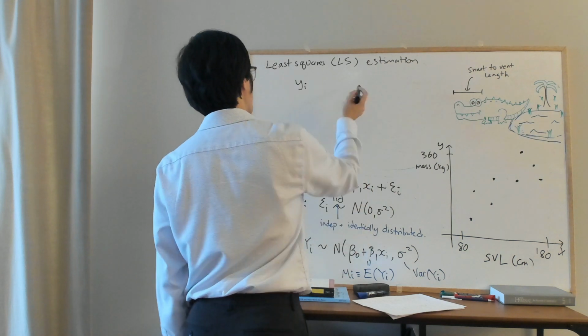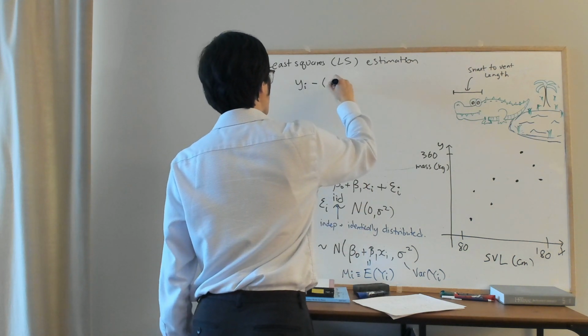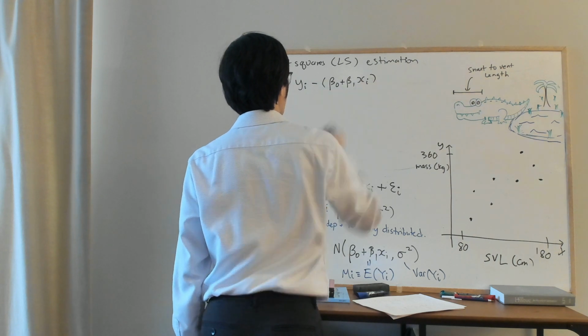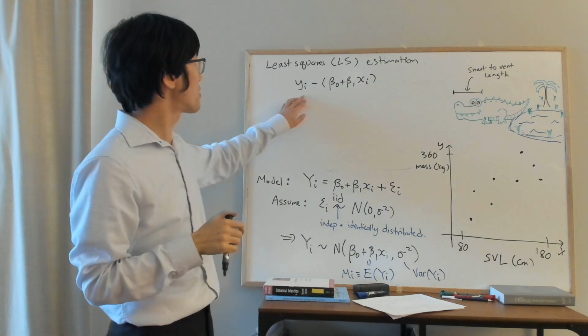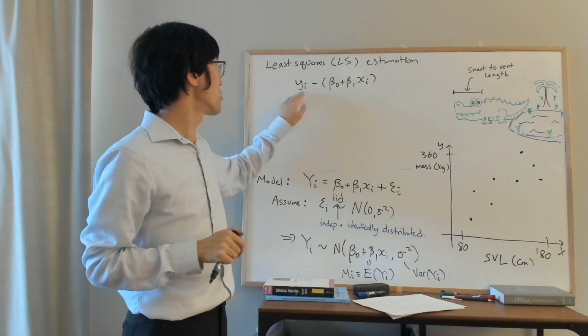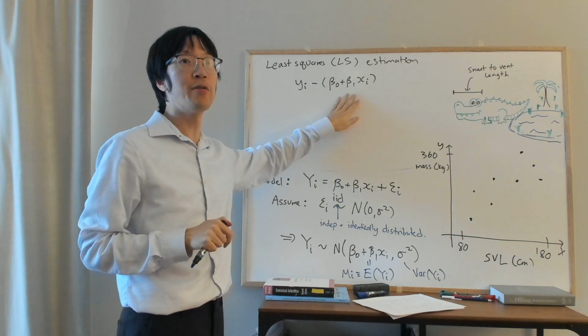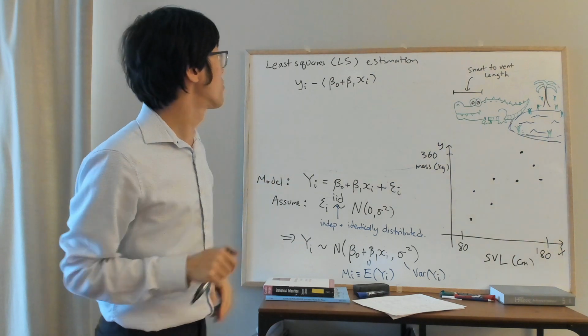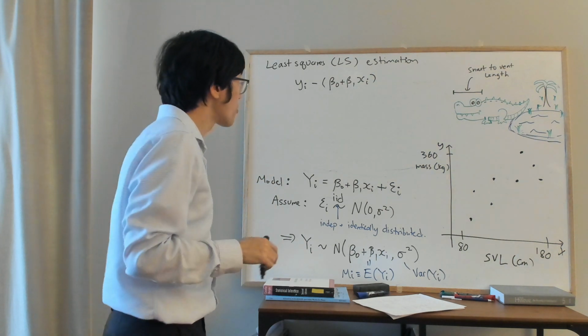So we want y to be close to that. So I'm going to subtract off beta 0 plus beta 1 xi. That is the difference between the actual value and what the line is going to predict and fit for that value.